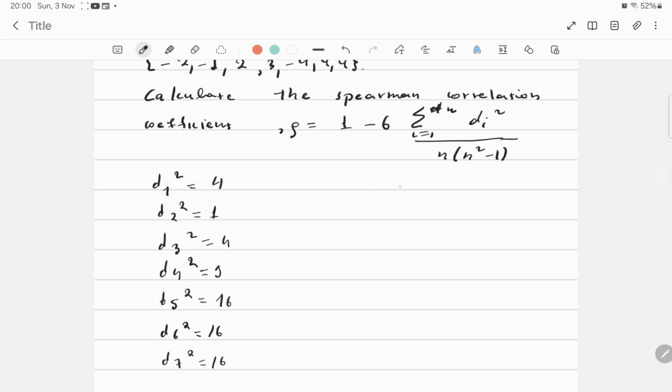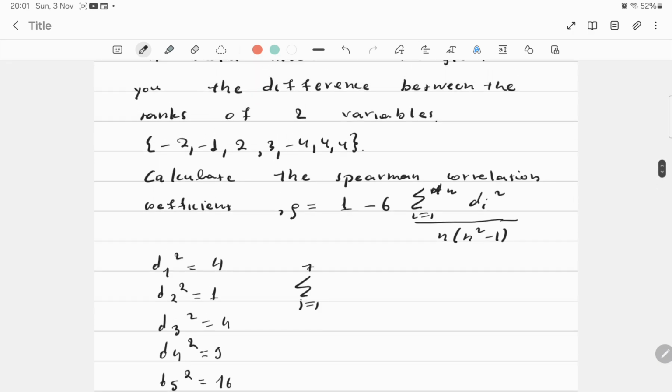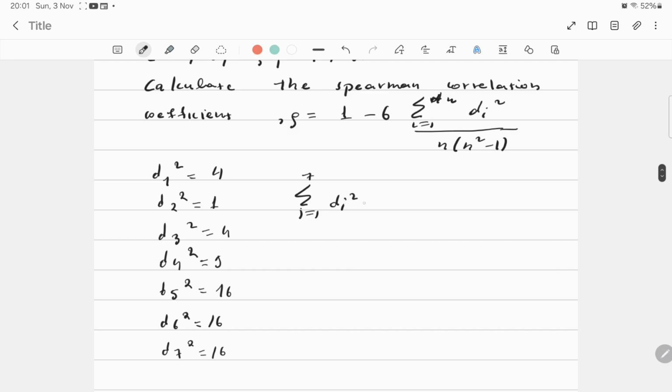So let's sum, the sum from 1 to 7, since we have 7 observations, of di squared, so we need to add them all together. 4 plus 1 plus 4 plus 9 plus 16 plus 16 plus 16.